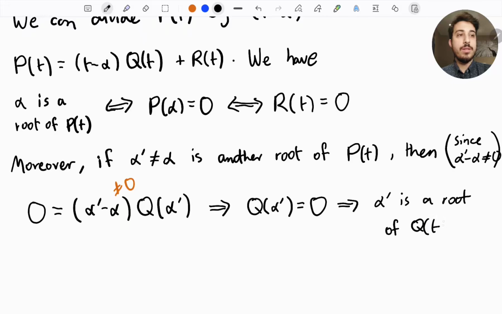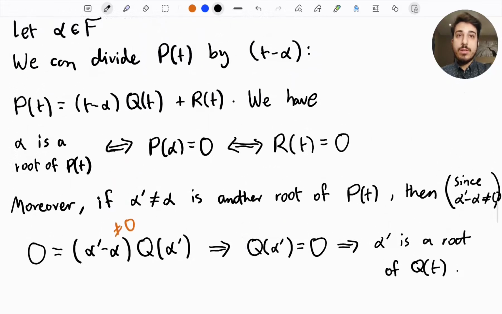of Q(t). Now, based on this division here, we know that the degree of Q(t) plus the degree of t minus alpha equals the degree of P(t). But t minus alpha is a polynomial of degree 1. So if the degree of P(t) is equal to n, and this is a degree 1, then Q(t) has to be an n minus 1 degree polynomial.